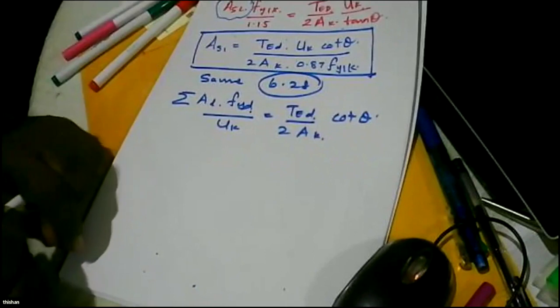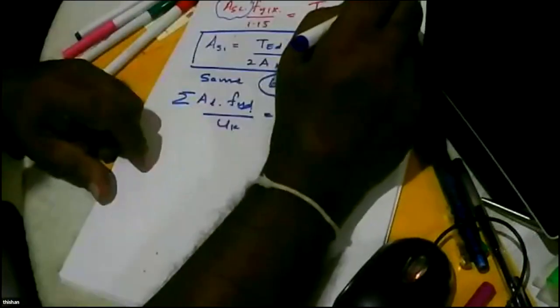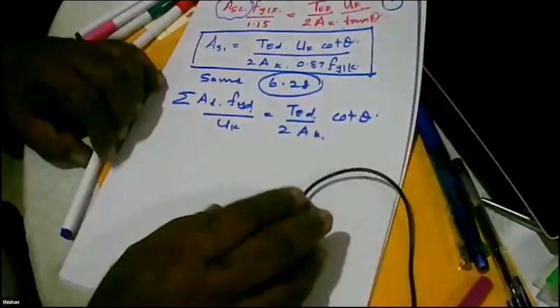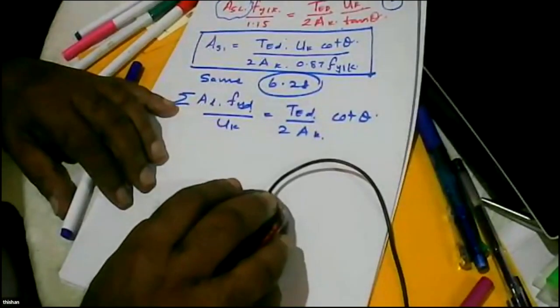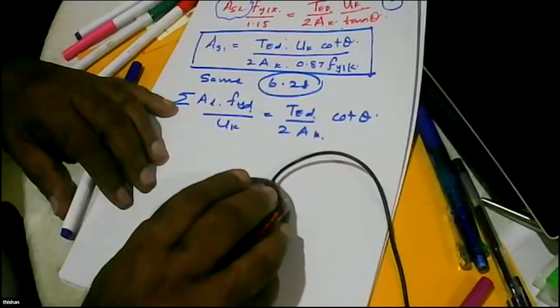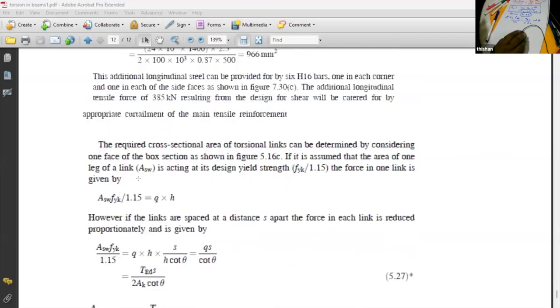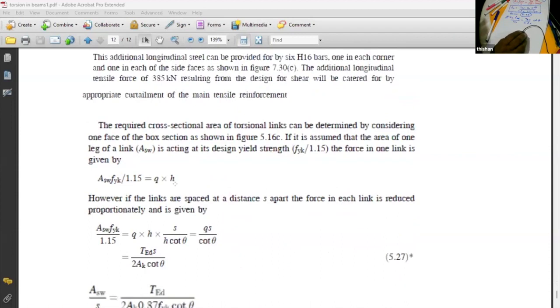Now let's see how we deal with the next one, that is the vertical links. For the vertical links, you can just look at this particular equation, because I'm going to show you how we get there.